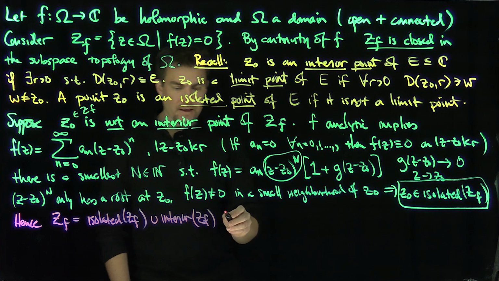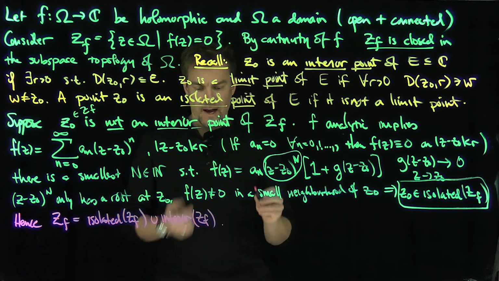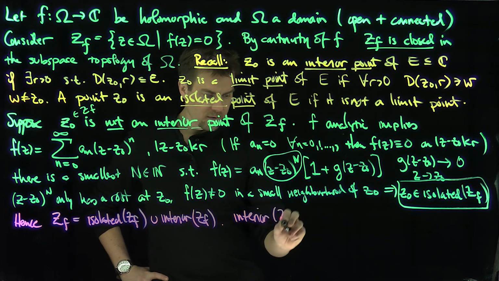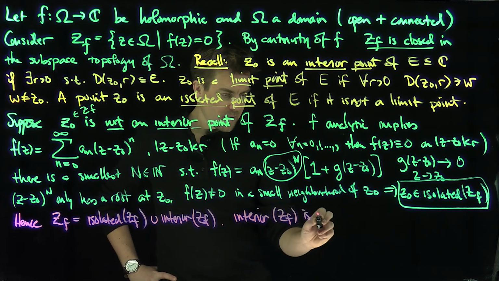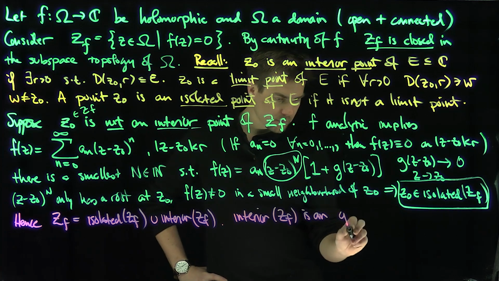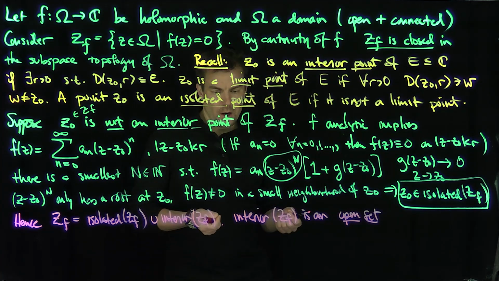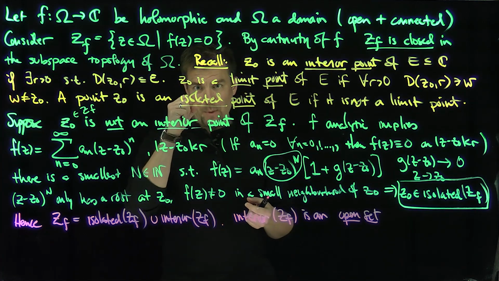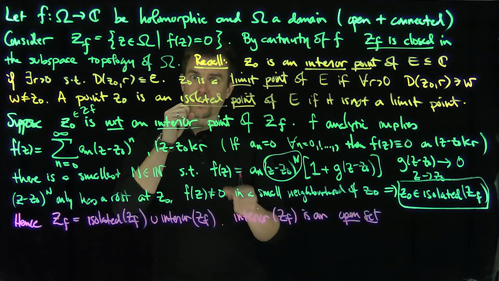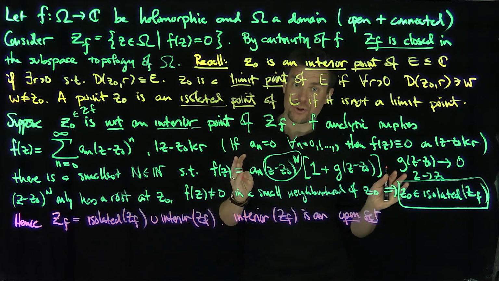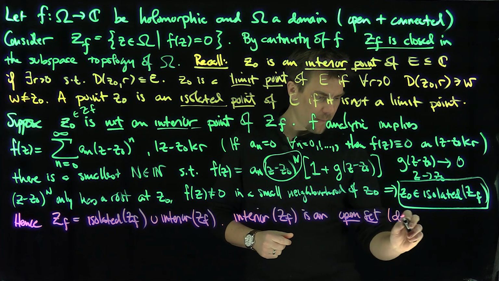Now, automatically, the interior of Z_f is an open set. Why so? If I give you any point in the interior, that means there's a small enough ball or disk also contained in that set, which is the definition of being open. So this is by definition.